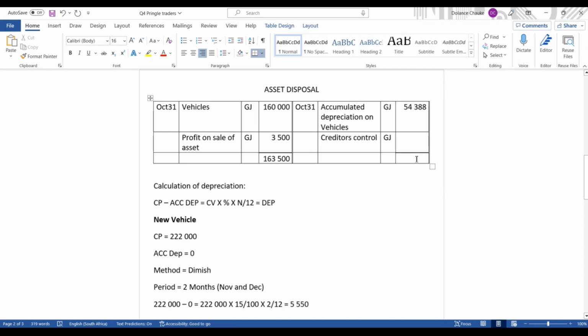Even this side is going to be 163,500. And therefore 163,500 minus 54,388, how much?